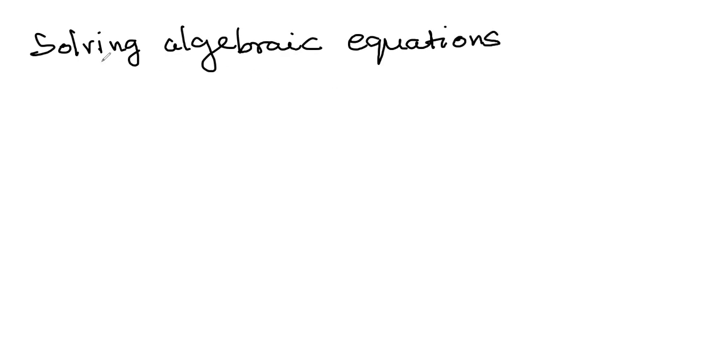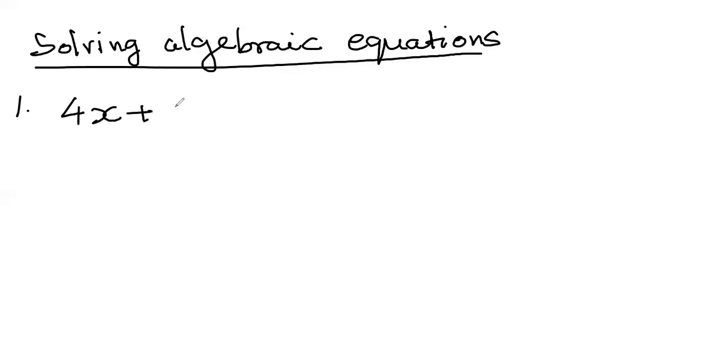I've made three series based on the level of difficulty. So this is part 2. Let us consider the equation 4x plus 2 equal to x minus 7.